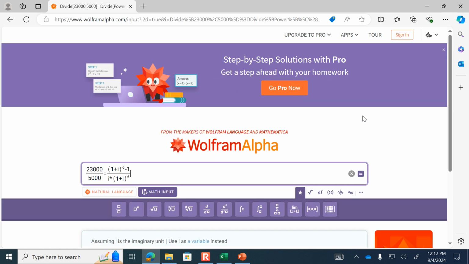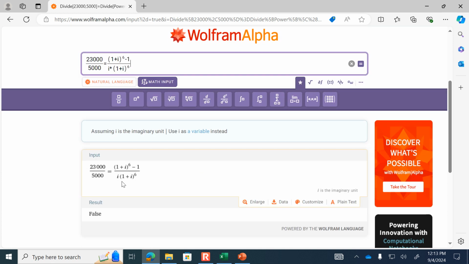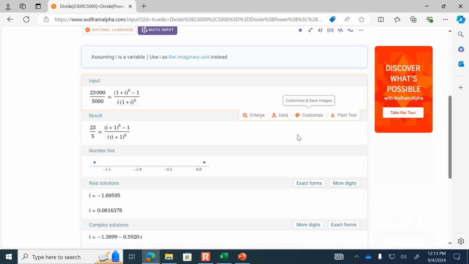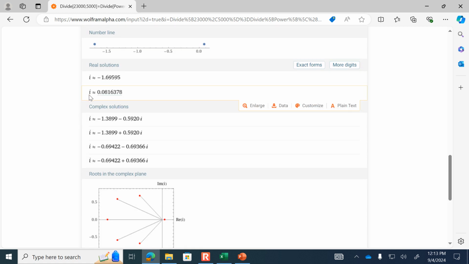In a moment, we're going to tell it we do not mean the imaginary unit. We mean some variable called i, because down here it's saying the result is false. So I'll say it's a variable, it's calculating, gives us a graph. The answer is 0.0816. So the interest rate is 8.16%.